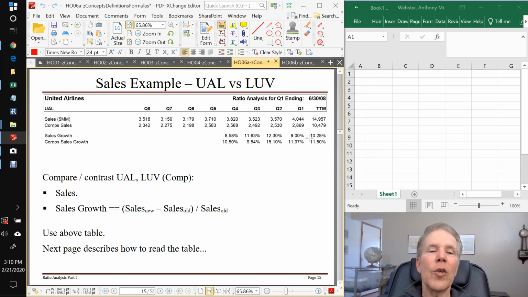So sales of UAL grew by a little more than 10% in this year, Q4 to Q1, compared to the year before. And here, the sales in Q1 grew 9% compared to the sales in Q5, et cetera. Okay, so sales growth is always sales new minus sales old over sales old.